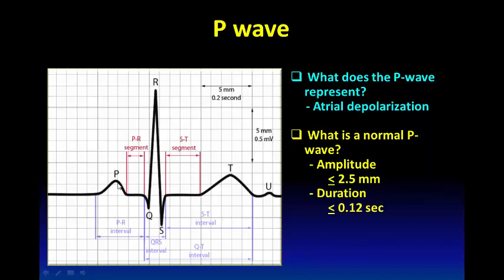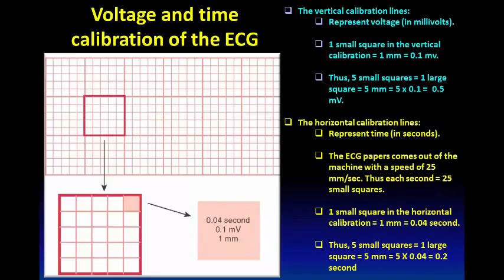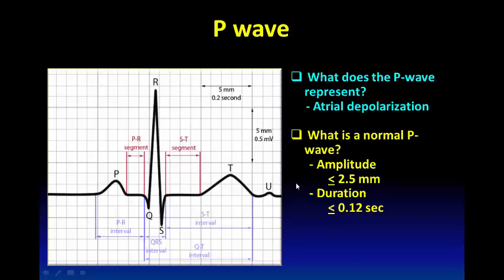In other words, it has an amplitude equal to or slightly less than, as each millimeter is equivalent to 0.1 of a millivolt as we described in the vertical calibration. And it has a duration of less than or equal to 0.12 of a second.